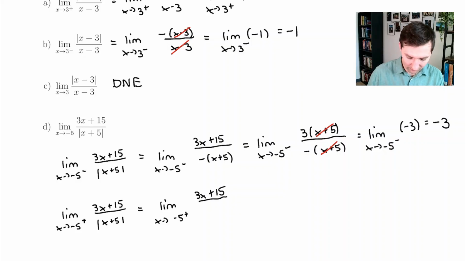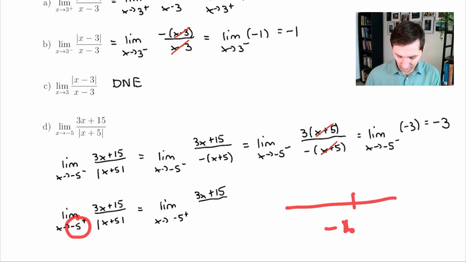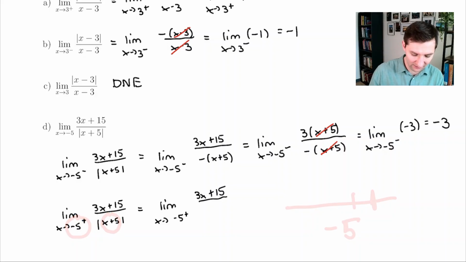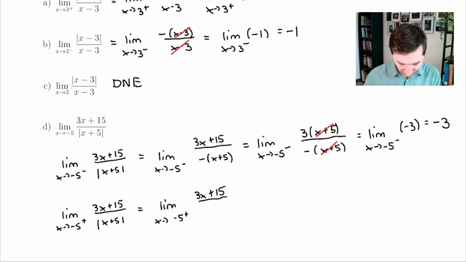As I'm using x slightly bigger than negative 5, for example negative 4.9, the expression inside of the absolute value is positive. So I don't need the absolute value. I can simply write it as x plus 5.